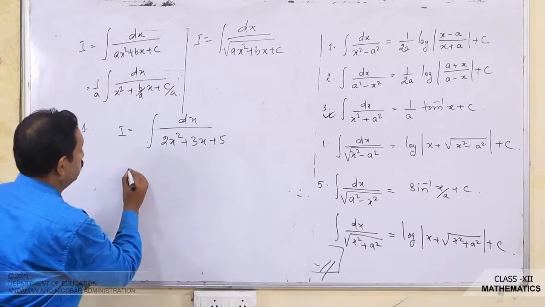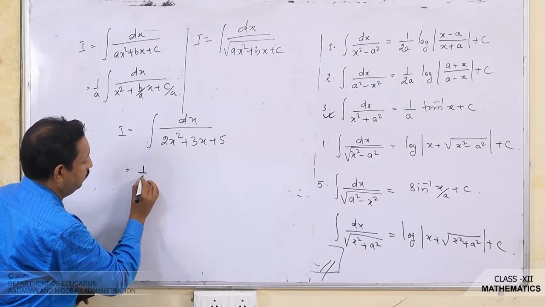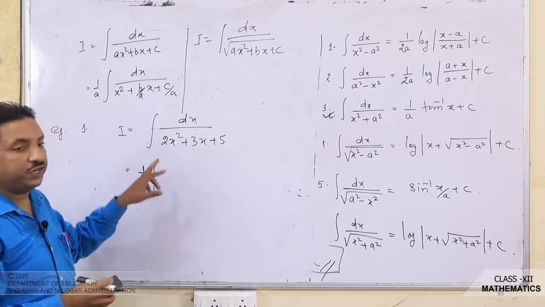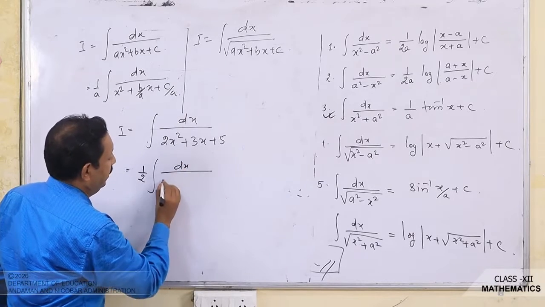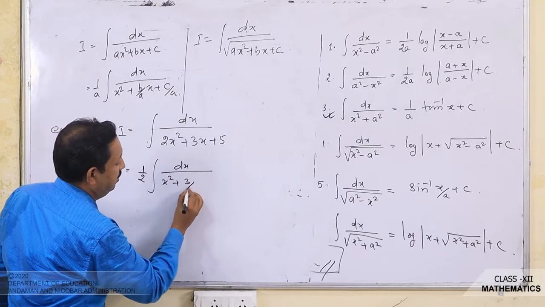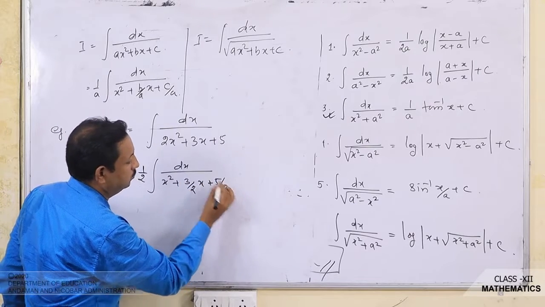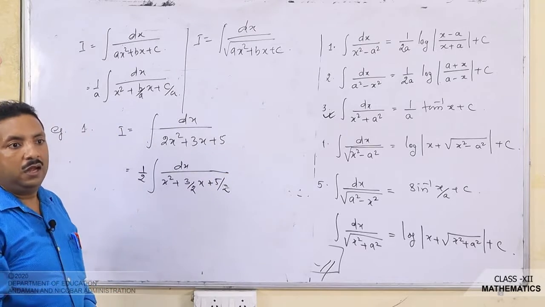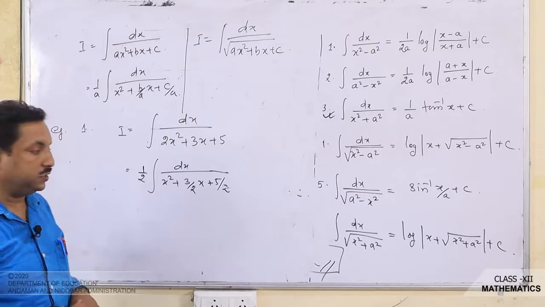So, you take 2 common out, that means 2 will also be taken out of the integration sign, and this is dx upon x square plus 3 by 2 x plus 5 by 2. This is after taking 2 common from this part.